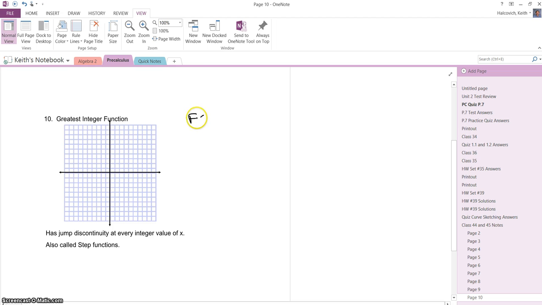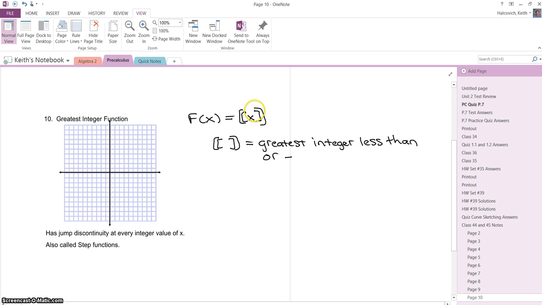The greatest integer function looks like this. This means greatest integer less than or equal to x.